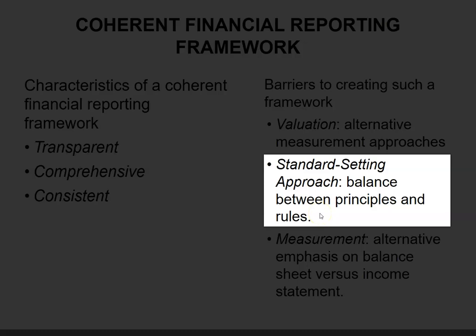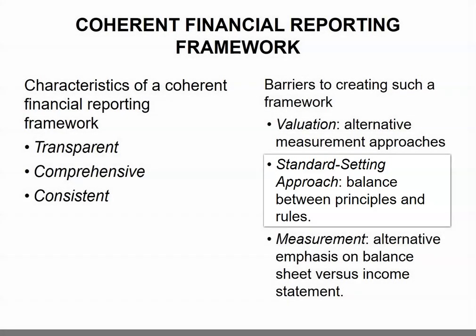Therefore, standards based on principle-based approaches involve a lot of judgment. On the other hand, a rule-based approach establishes specific rules for each transaction or element of the financial statements. It provides specific guidance for each element or transaction and hence leaves limited scope for judgment. Therefore, differences in standard setting approaches also present a challenge towards a coherent financial reporting framework.